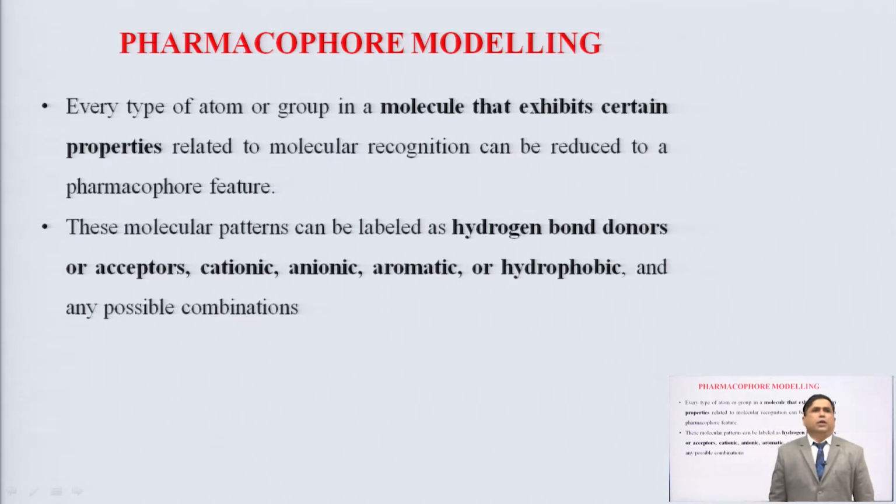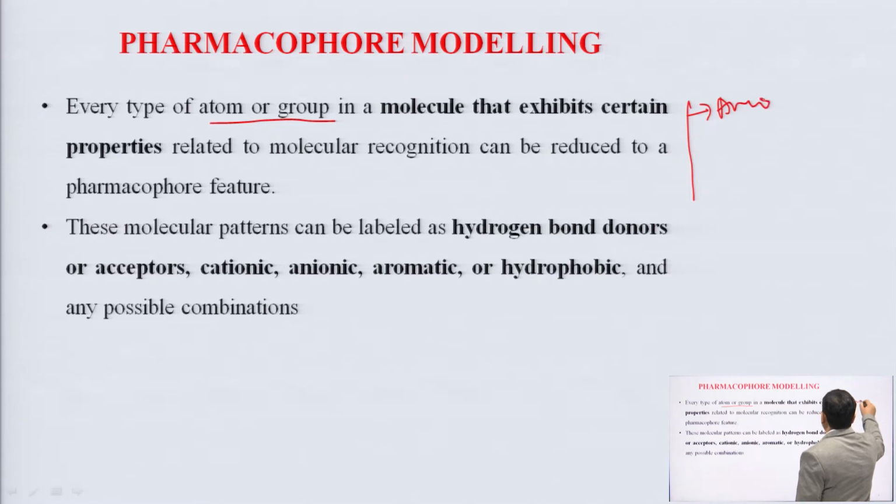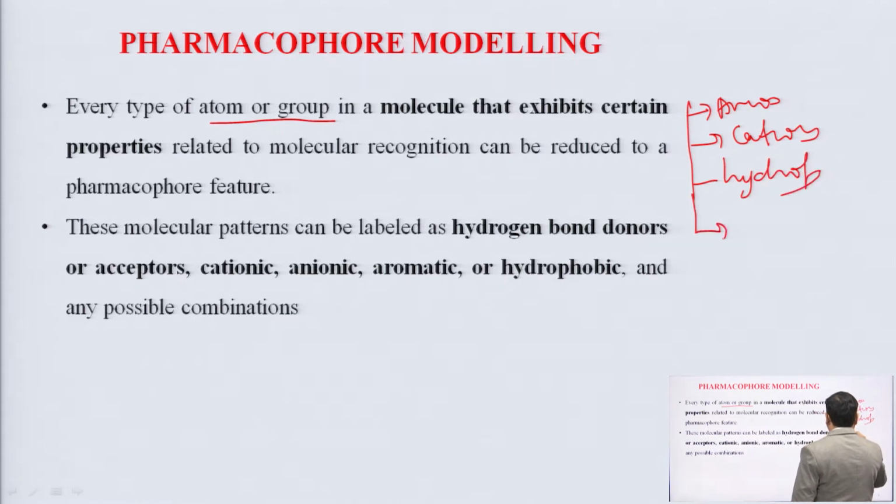Now, every type of atom or group in a molecule exhibits certain properties. Exhibiting certain properties means it either acts as an anion, a cation, shows hydrophobicity, or acts as a hydrogen bond acceptor or a hydrogen bond donor.